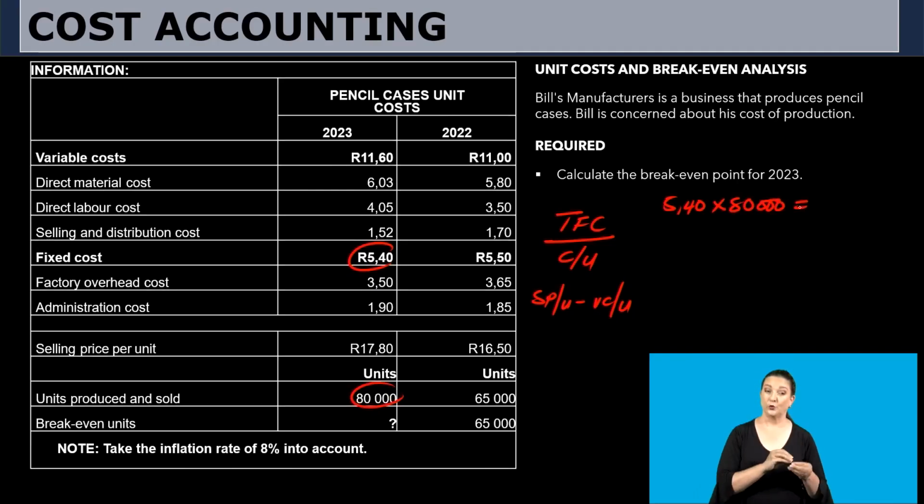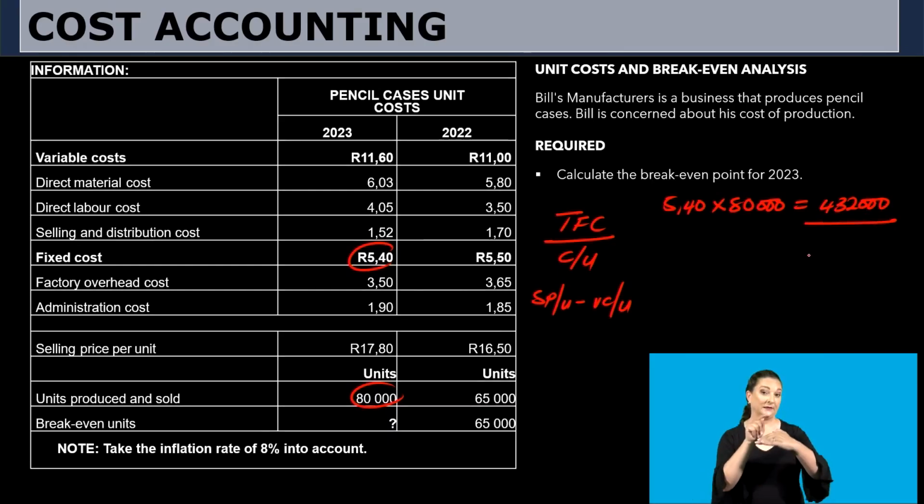So my total fixed cost therefore becomes 432,000. So I can say my 432,000 divided now by my selling price per unit, which is 17 Rand 80, minus my variable cost per unit, which is 11 Rand 60.